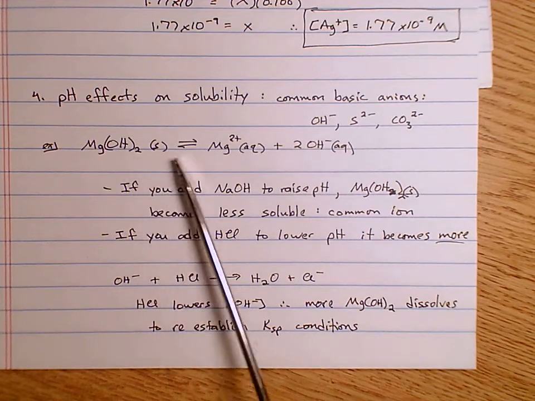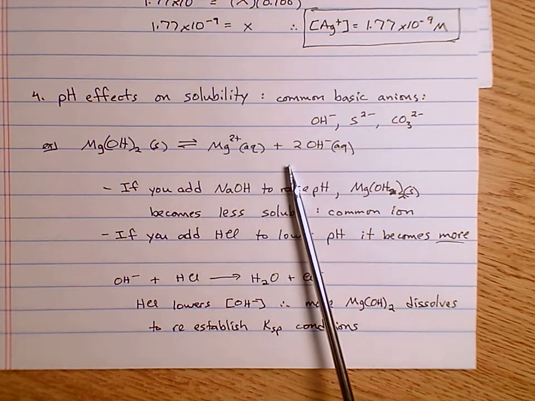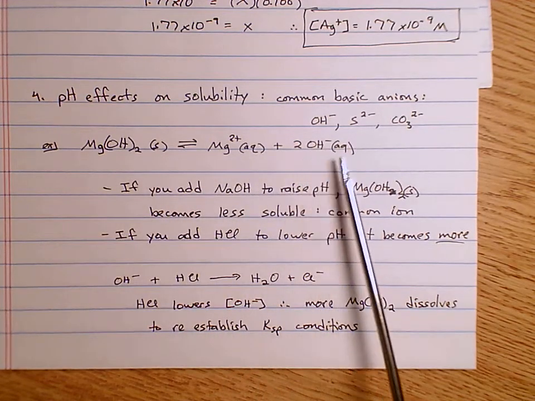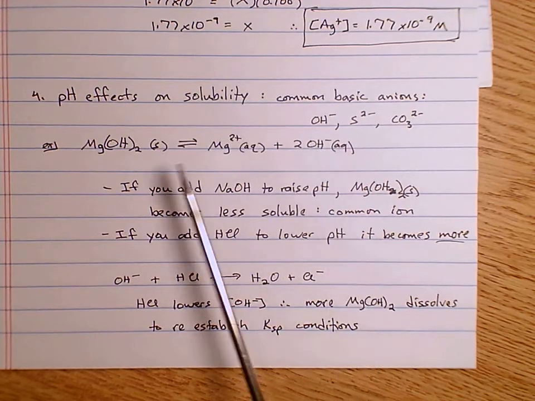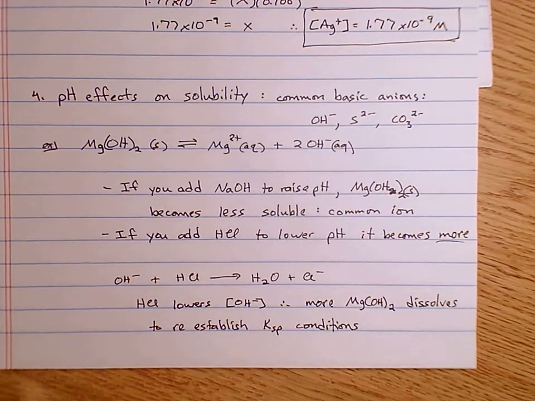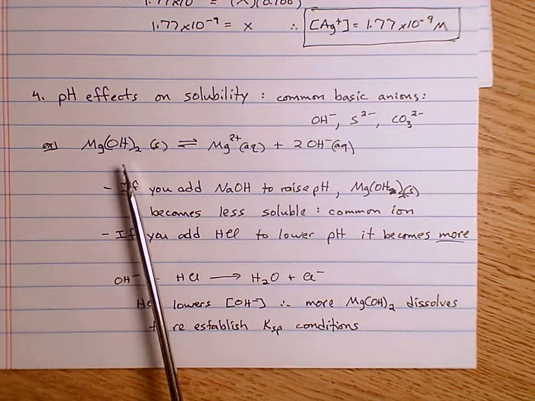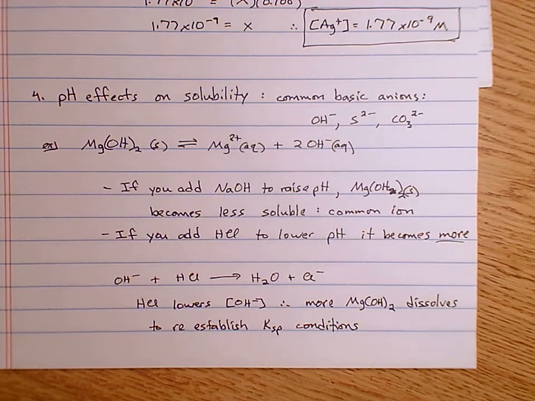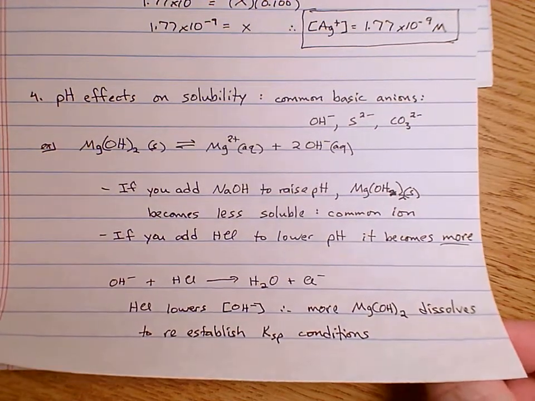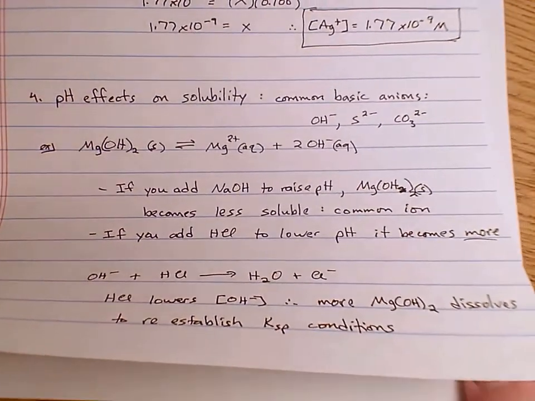Yes, more magnesium hydroxide will have to dissociate, will have to dissolve in order to create more hydroxide to reestablish the Ksp equilibrium, which means magnesium hydroxide is much more soluble in HCl than in water, and it's much less soluble in sodium hydroxide than in just pure water.